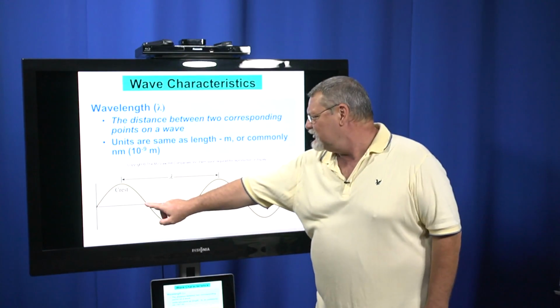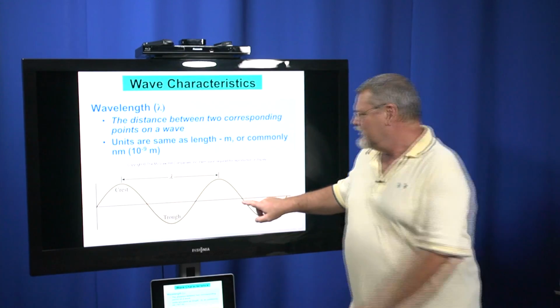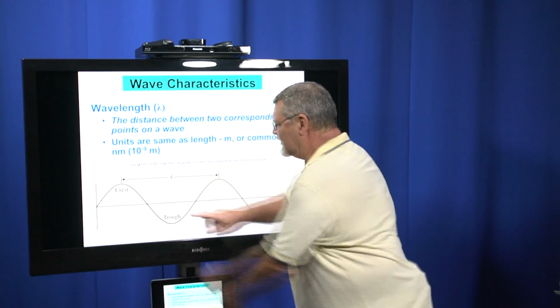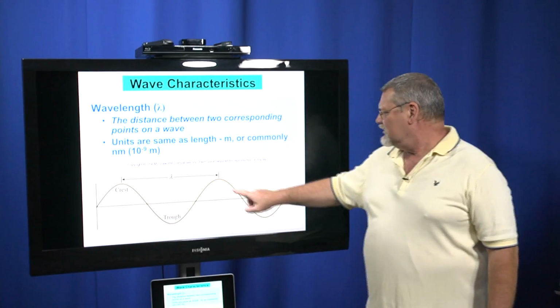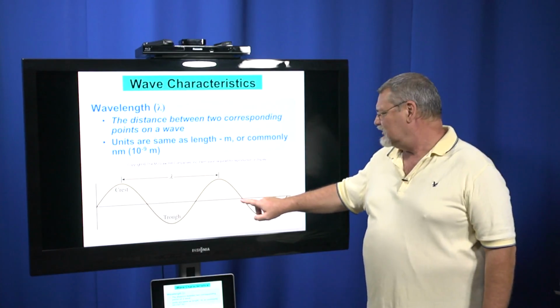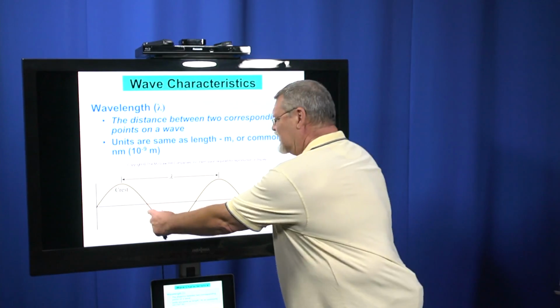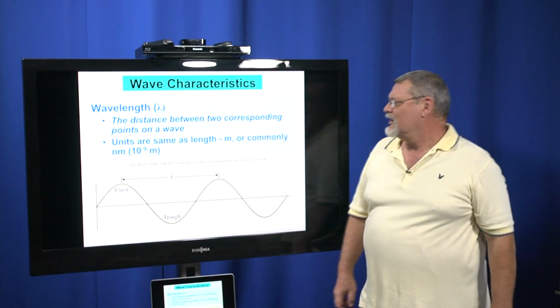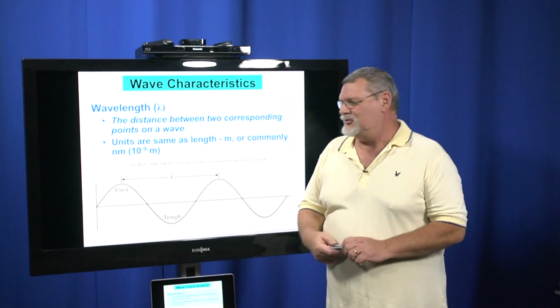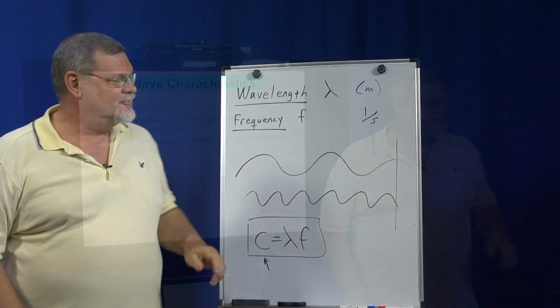We can measure from this point to this point. That is a wavelength from there to there. You can see the wave is descending across the equilibrium point here, and here it's descending across the equilibrium point. So that is a wavelength. And from trough to trough would be one wavelength. So a wavelength is the distance between two corresponding points in the wave.